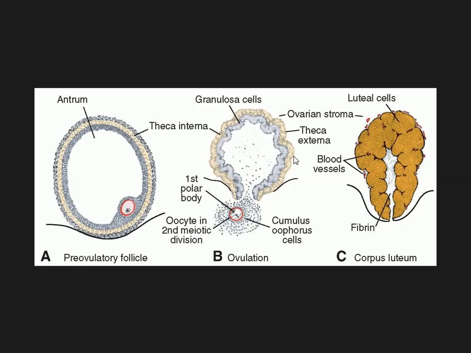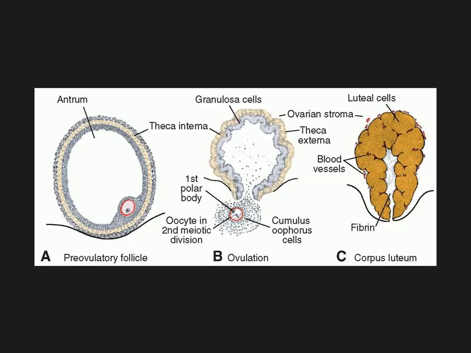The progesterone together with some estrogen causes the uterine mucosa to enter the progestational or secretory stage in preparation for the implantation of the embryo. This one is a corpus luteum.